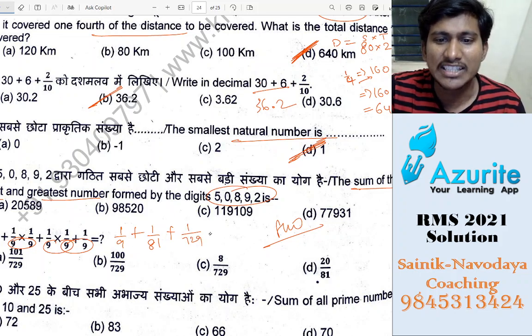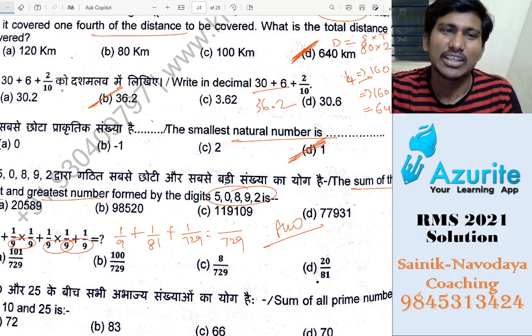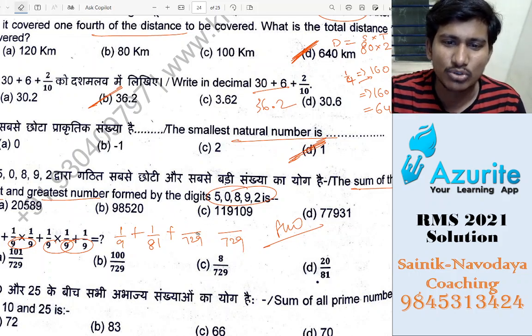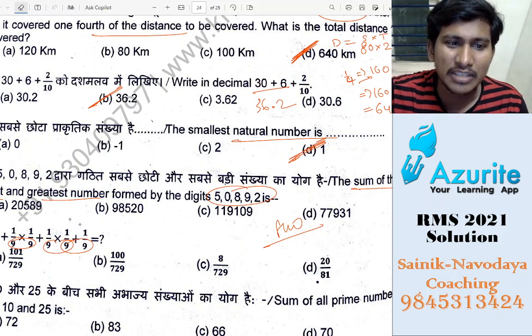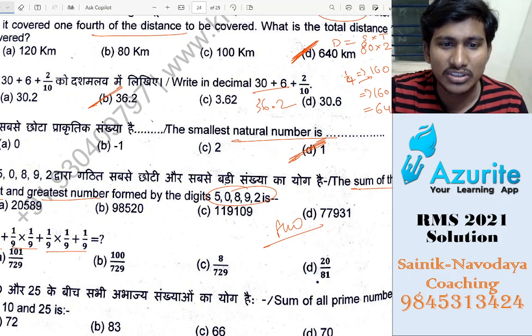So LCM will be how much? 729. Because all of them have 9 here, right? Here there are 3 9s, here 2 9s, here only 1 9. So 3 9s will be the LCM.